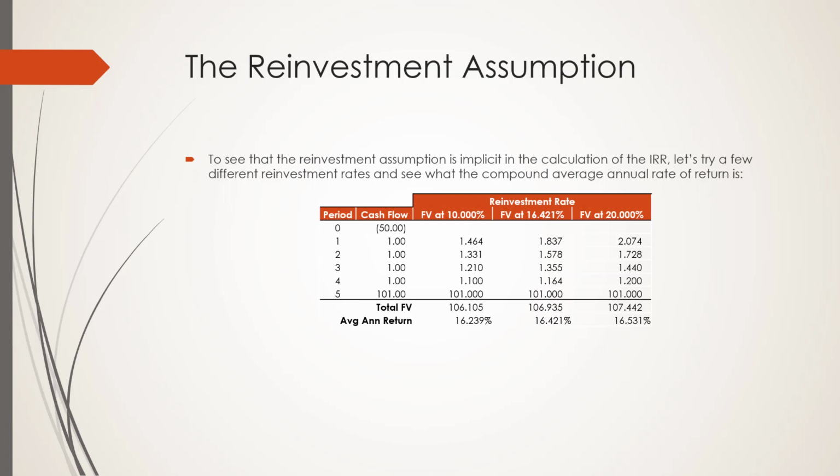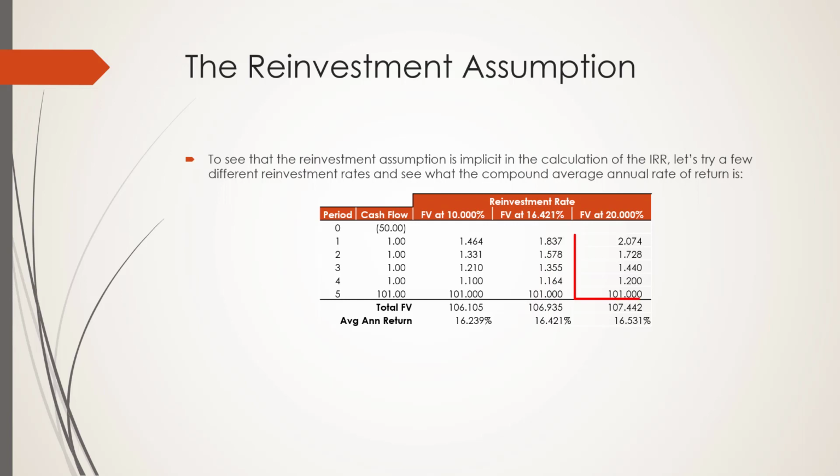If you reinvest your $1 dividends at 10% per year, then you end up with a total ending value of 106.105, which gives you an average annual return of 16.239%. Now, remember that the IRR is 16.421%. So if you reinvest at a rate that's lower than the IRR, you get a lower average per period return.